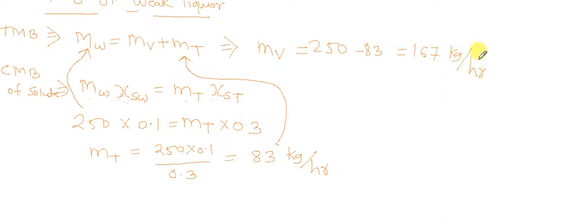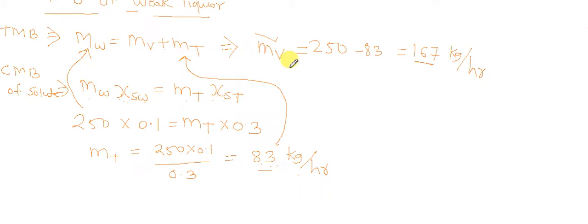So the mass flow rate of vapor is 167 kg per hour, mw is 250 kg per hour, and from the earlier equation the mass flow rate of thick liquor is 83 kg per hour.